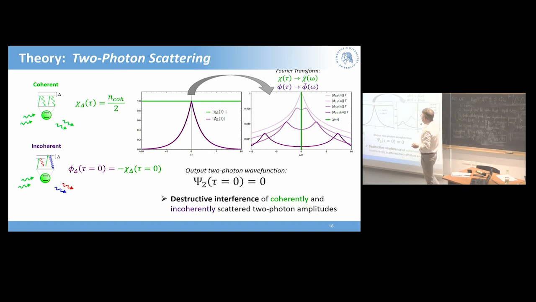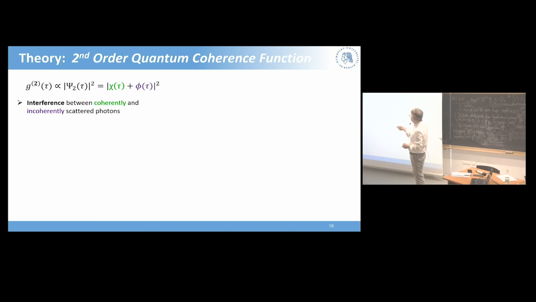And then this second-order coherence function can simply be computed from this two-photon wave function by taking its modulus squared, okay? So G2 of tau is the modulus squared of our two-photon wave function, which is the superposition of the coherently and incoherently scattered component.